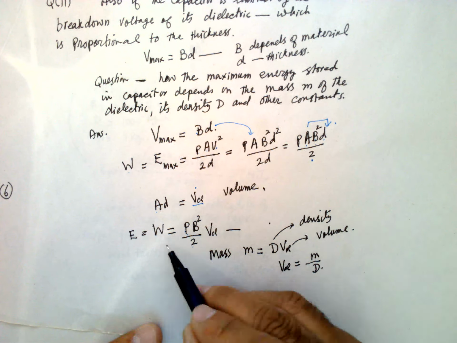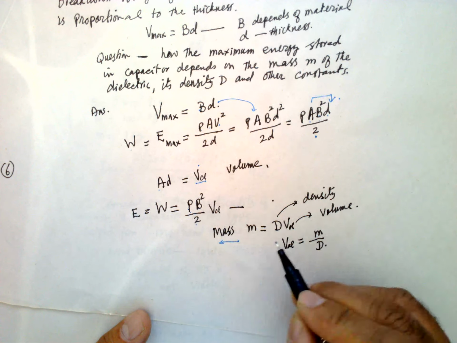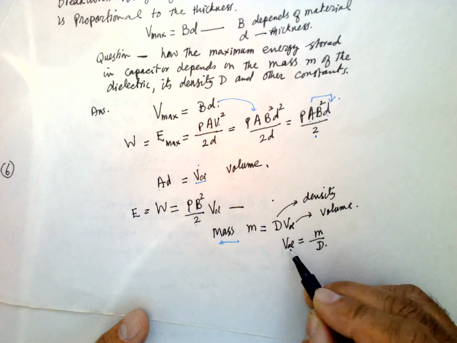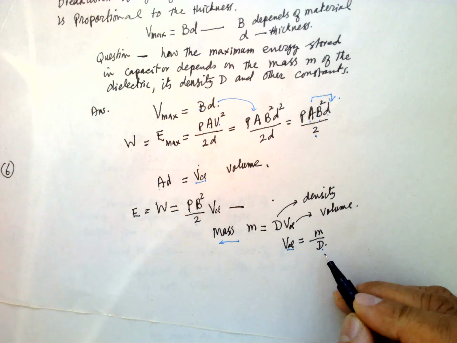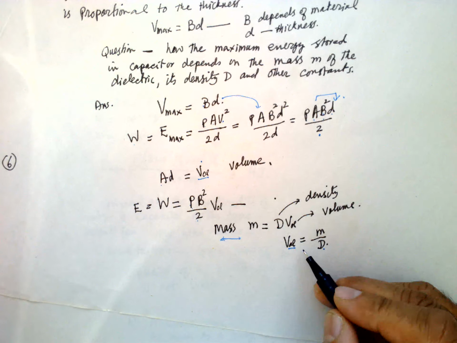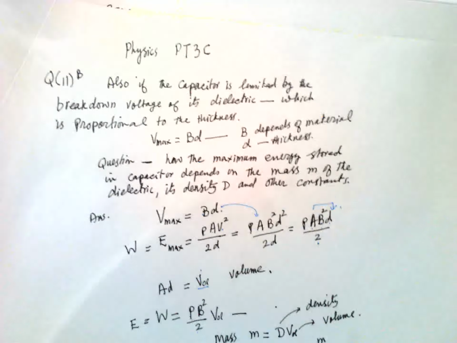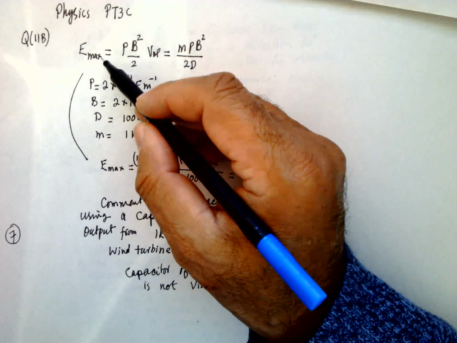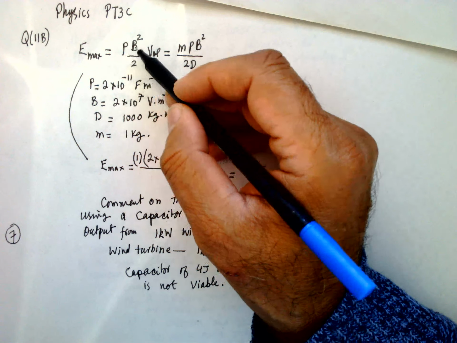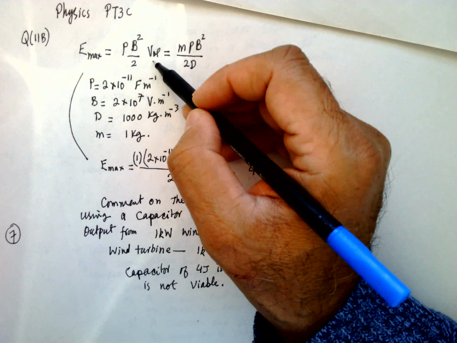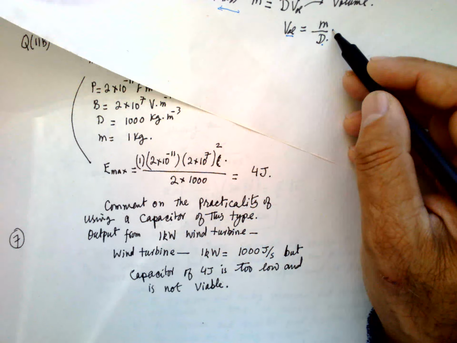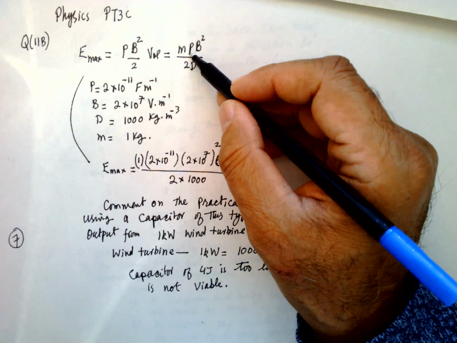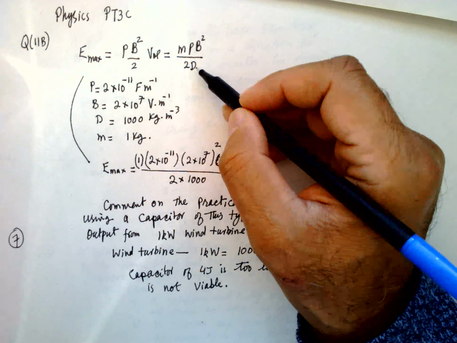Now the mass is equal to density multiplied by volume. Density is D, so volume is equal to M over D. So the mass of the material used in the capacitor is M over D. If we substitute this, E maximum is equal to P B square over 2 into volume, and using this new term, this will be equal to M P B square over 2D.